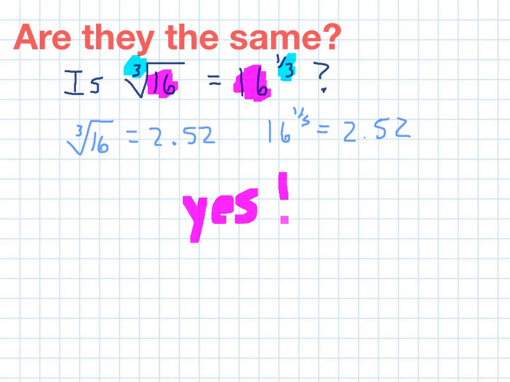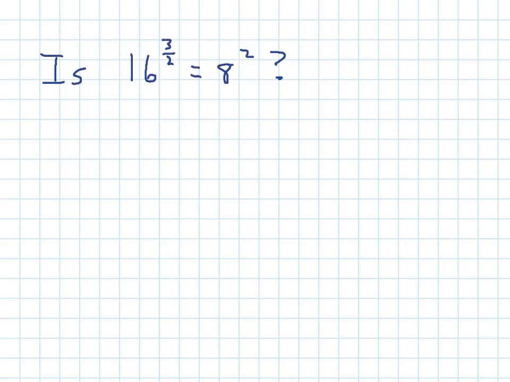And that's what you're going to have to be able to prove as you test over this. Is 16 to the 3/2 equal to 8 to the 2nd power? Again, I could use a calculator, but you're going to be required to show how you know this works or doesn't work.